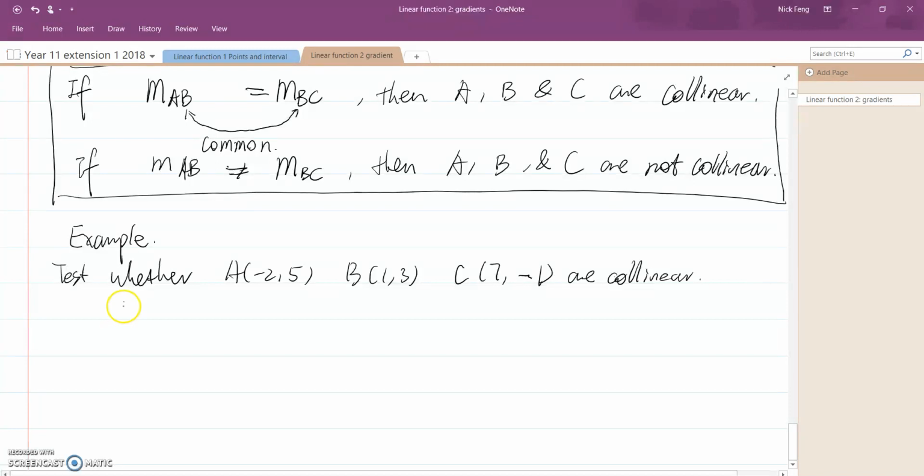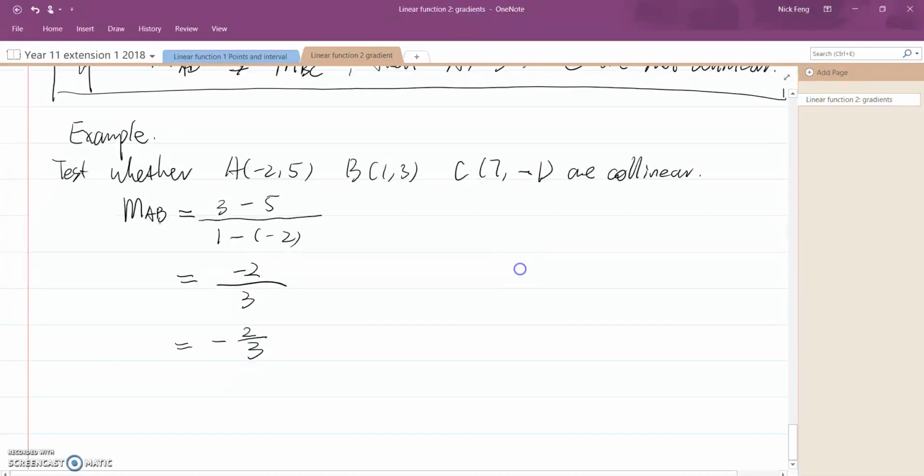Okay, so to start, you just find the gradient of AB, which is 3 minus 5 over 1 minus -2. That is -2 on the top, the bottom is 3, therefore -2 on 3. Okay, and you can take the gradient of BC or AC, it doesn't matter, let's just take BC.